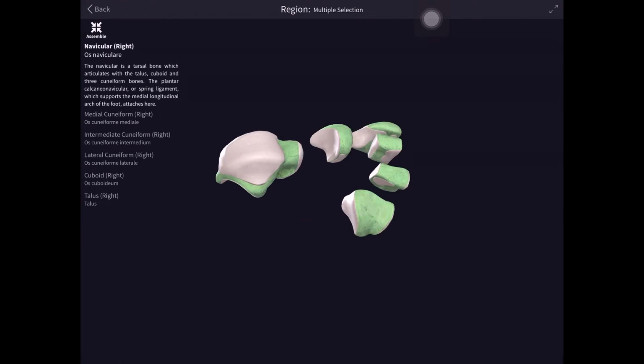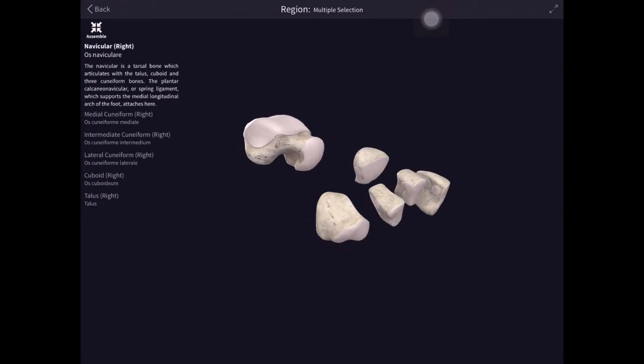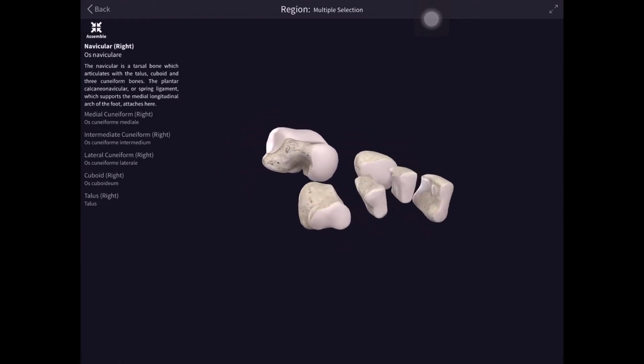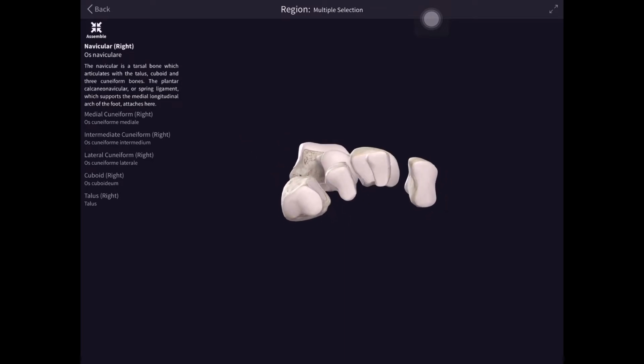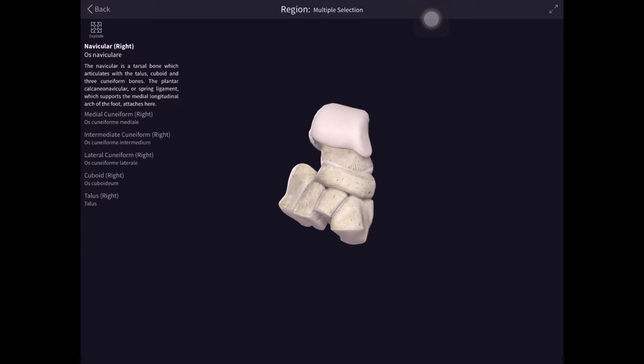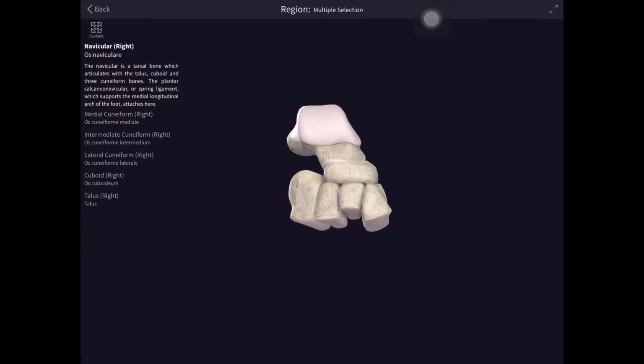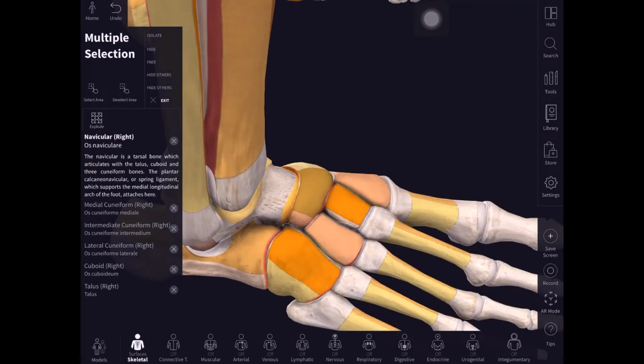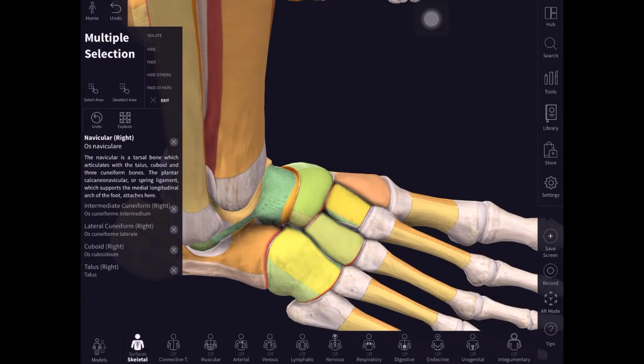So let us go to this and find out our facets. Here you should have 3. You can see all these 3 bones, if I put them together, there you go. So these are the 3 bones which are articulating. If I go back, you see this is 1, 2, 3.